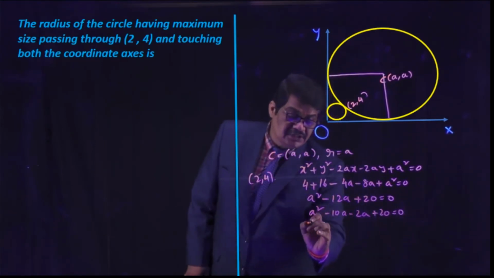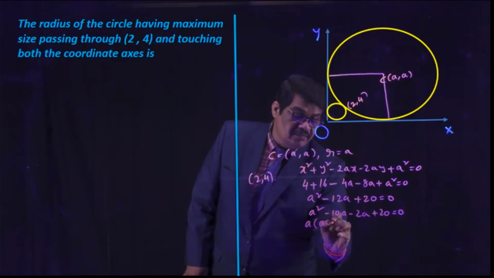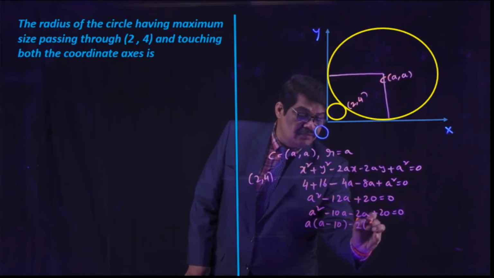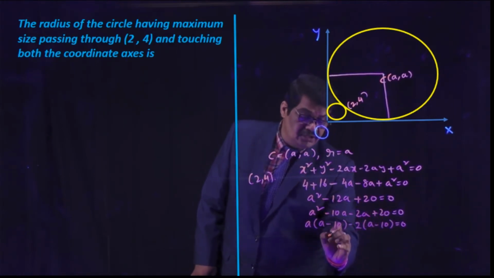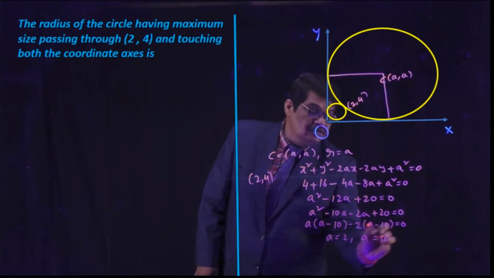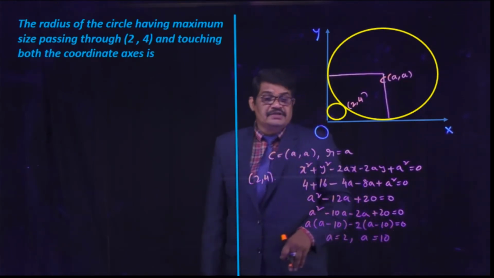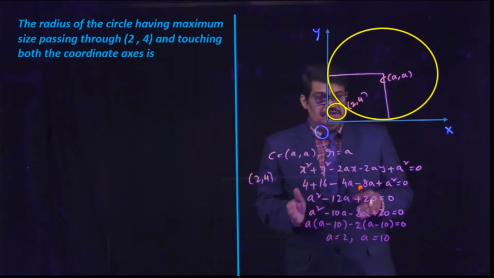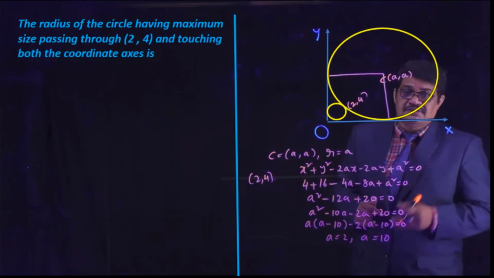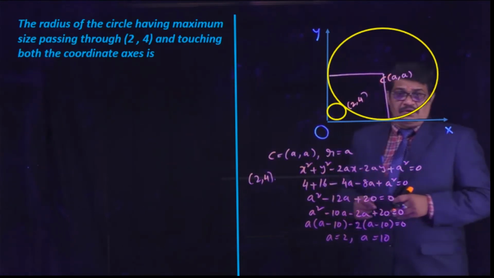So a is common, then minus 2 is common, and (a minus 10)(a minus 2) is equal to 0. Then a is 2, another a value is 10. These are the radii of the two circles. So one is a smaller circle and another is a larger circle.